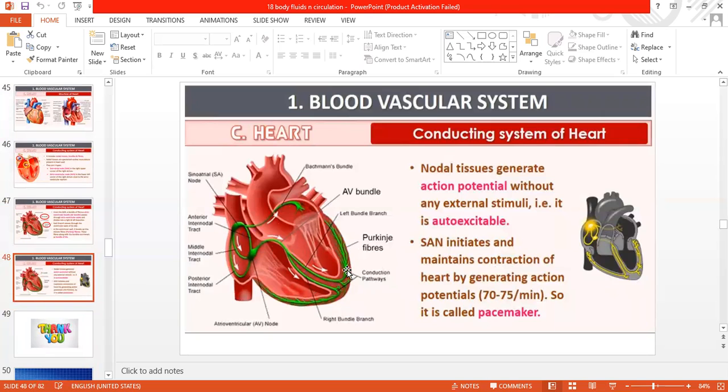When the impulse passes to the Purkinje fibers, the ventricles contract. So this is the conducting system of the heart, and this is how the impulses are conducted from the SA node to the AV node and from the AV node to the Purkinje fibers, and this is how the contraction of atria and ventricles takes place.